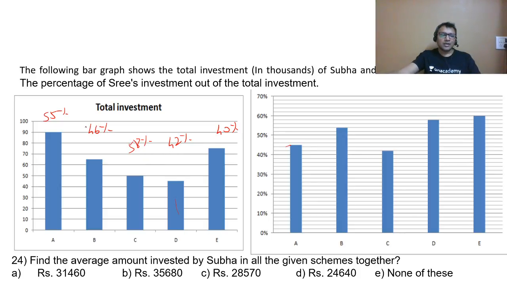Let me do one more thing. 90, 65 is 155, 155 plus 45, 250, 250 plus 75, 325. 50% will be 162.